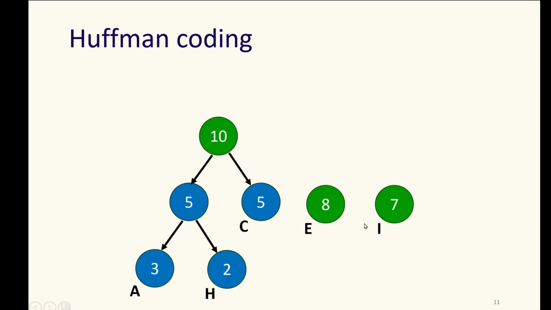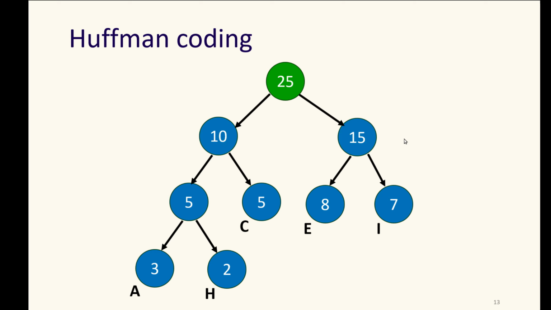So again, we want them the highest up in the tree. We'll take the two of them, combine them into a subtree, and sum them to get 15 for the parent's value. And then we'll take that subtree and combine it with the subtree that contained the other letters, creating one root node with a frequency count of 25.